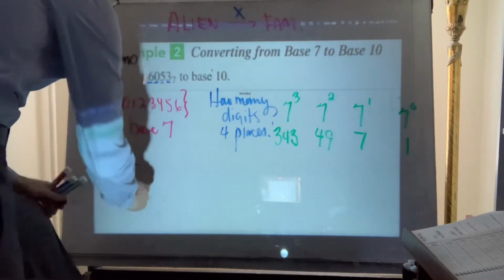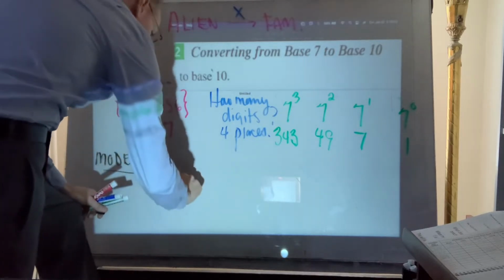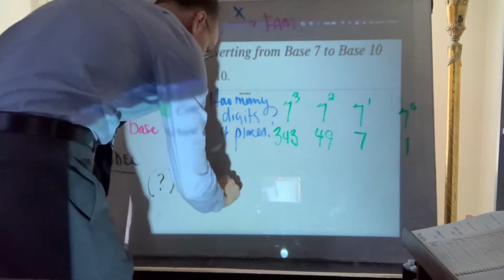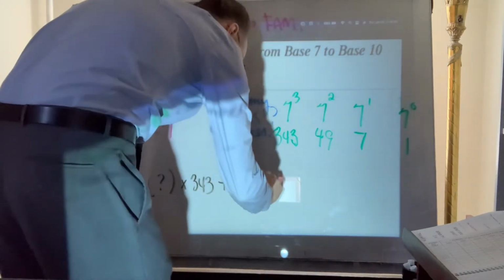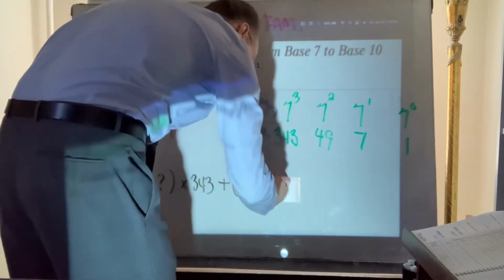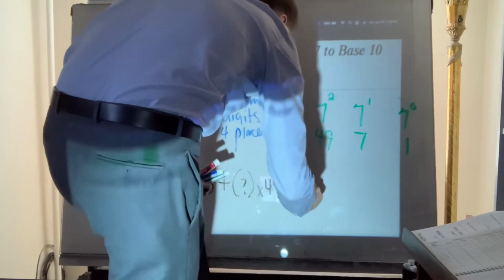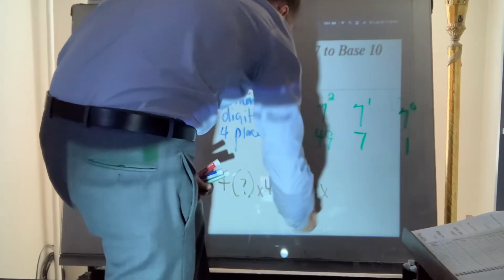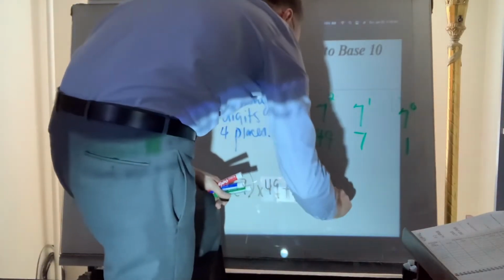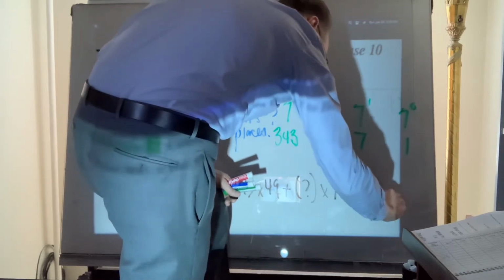So, essentially, whatever is sitting in the first position times 343, plus whatever is sitting in the second position times 49, plus whatever is in the second digit from the right times 7, and then the last in this train here would be times 1.